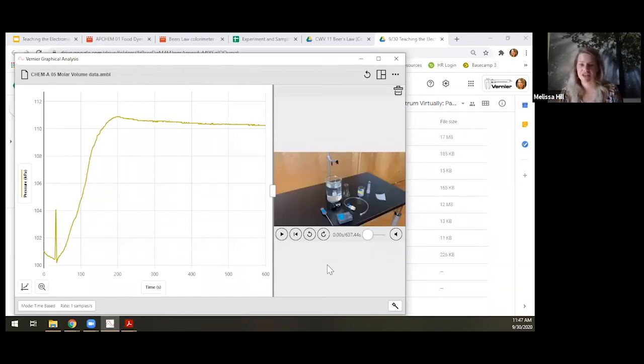You're going to need to change that. That's the first step before you take any data. But you can get really inexpensive holders that'll hold your phone on a tripod, and as you're doing the experiment, videotape yourself.